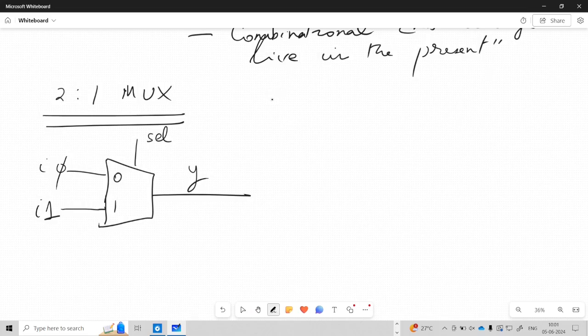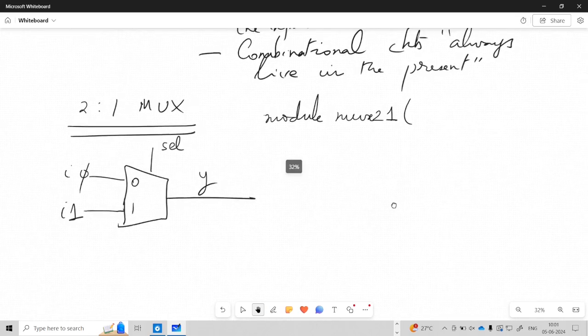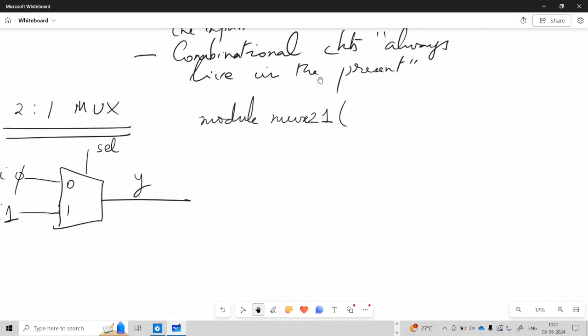So we will try to model this subsystem. We start with the module definition. So we have module mux 2:1. It is always better to give some meaningful names to the modules. We have the inputs select, I1 and I0, and the single output Y.